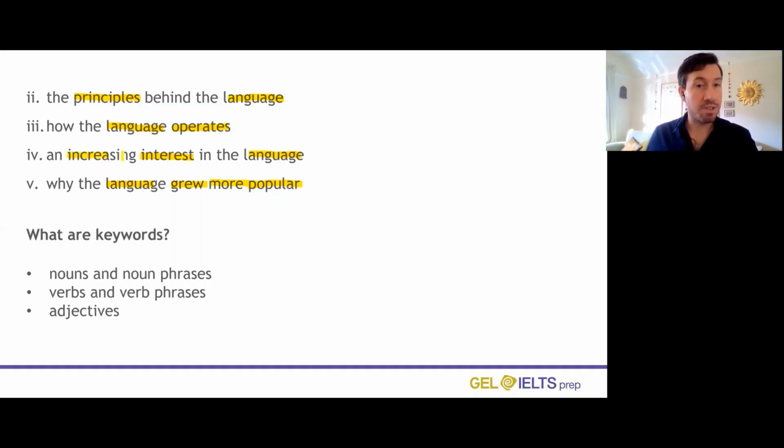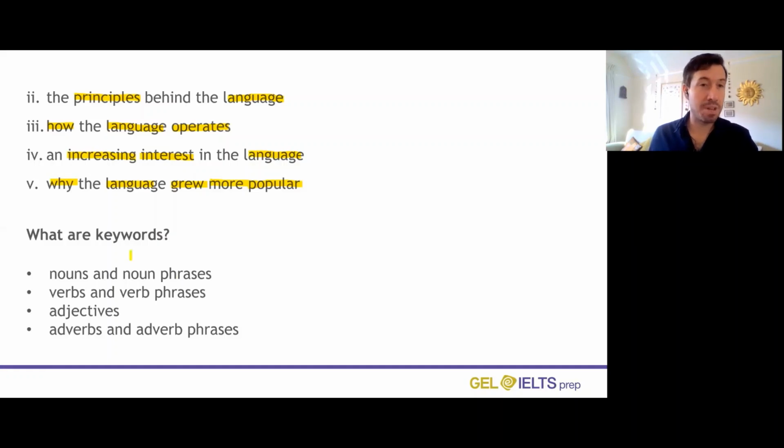Oh, and increasing as well is an adjective here. And then you'd want to highlight any adverbs or adverb phrases. So adverbs are things like how is an adverb and why is also an adverb. And they're really important because look here, how the language operates, that's different to why the language operates. So the adverbs do make a big difference.